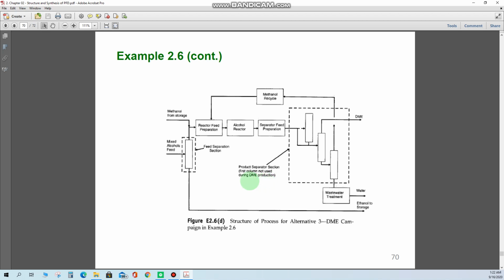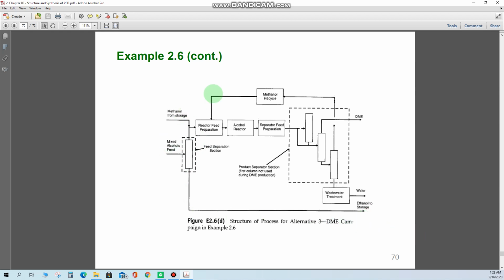Now, what could be the third alternative? We can have the mixed alcohols, and we are putting an additional methanol into the process to increase the production of dimethyl ether. If you look at the stream here, the reactor feed preparation is mixed with a methanol recycle, whereas all of this ethanol which is present in this mixed stream is being separated here and goes to the storage.